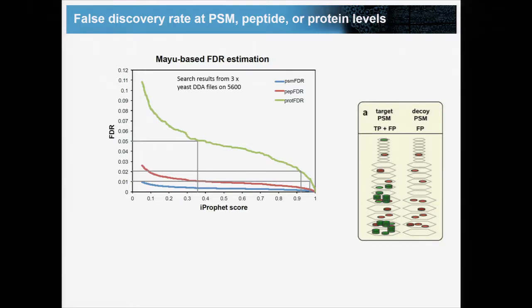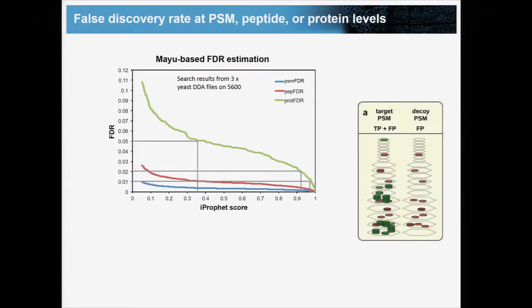As you relax this scoring threshold of the search engine, the PSM level FDR goes up at a moderate rate, the peptide level FDR goes up at a higher rate, but the protein FDR goes up at a much higher rate, right? So if you say, I'm going to filter my data at 1% FDR on the peptide spectrum match level, this could lead you to have a 10% false discovery rate at the protein level.